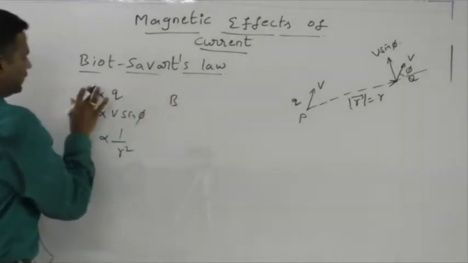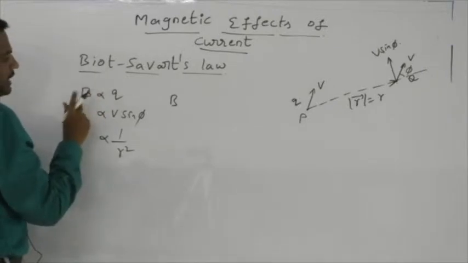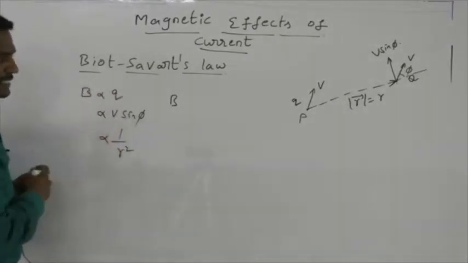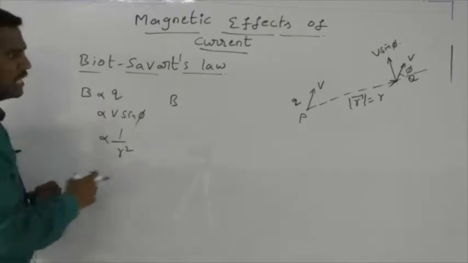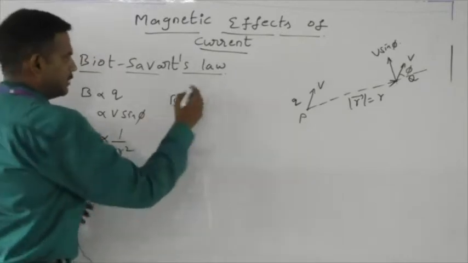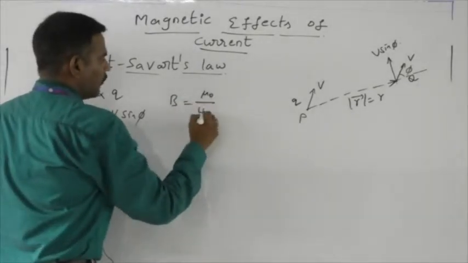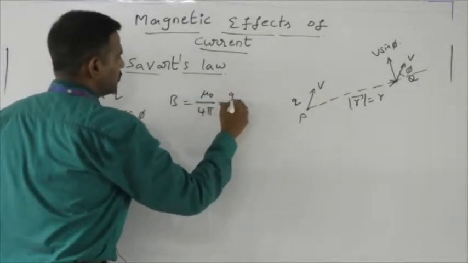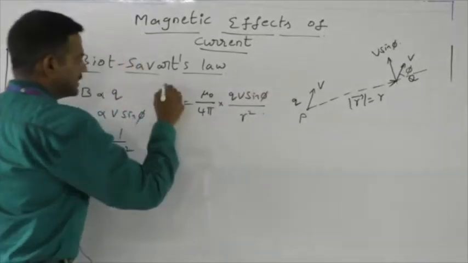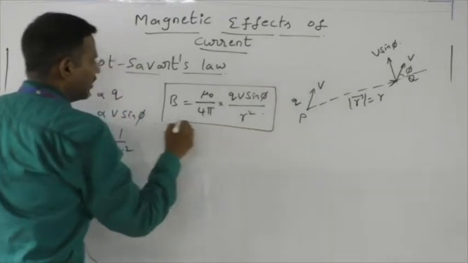The magnetic field intensity B is directly proportional to Q, directly proportional to V sin phi, inversely proportional to R square. By combining all this, let me frame one relation here, that is nothing but mu naught by 4 pi times Q V sin phi divided by R square. Actually, this is the Biot-Savart law.